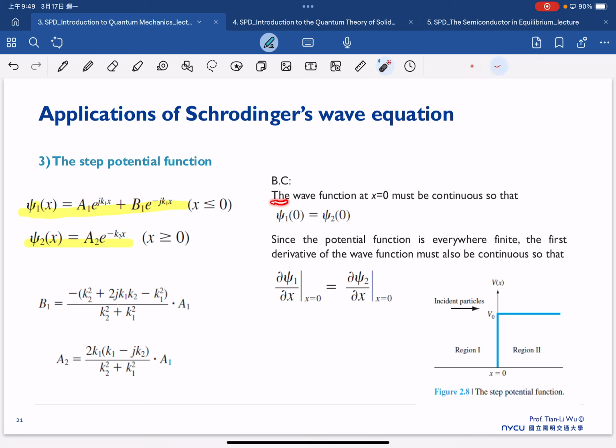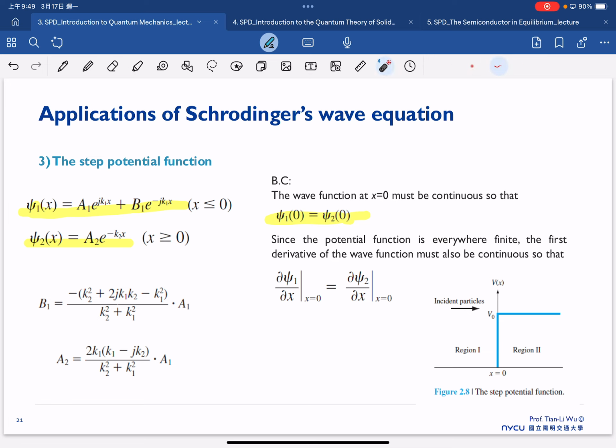So the wave function at x equal to 0 must be continuous. I think this is a basic rule that the wave function should be continuous everywhere. That means phi 1 at x equal to 0 should be equal to phi 2 at x equal to 0.